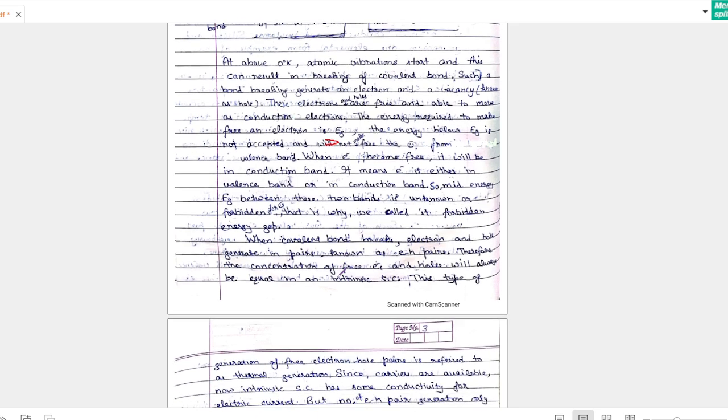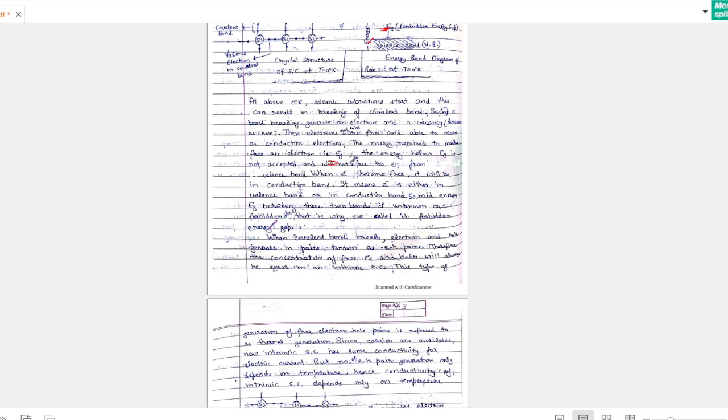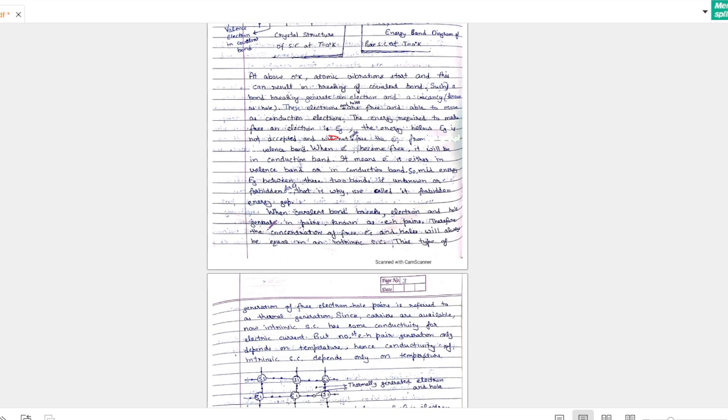The theory is written, what I already told you. When its covalent bond breaks, electrons and holes are generated in pairs, known as an electron-hole pair. When a bond breaks, a pair is generated, one is an electron and another is a hole, which together we call an electron-hole pair.